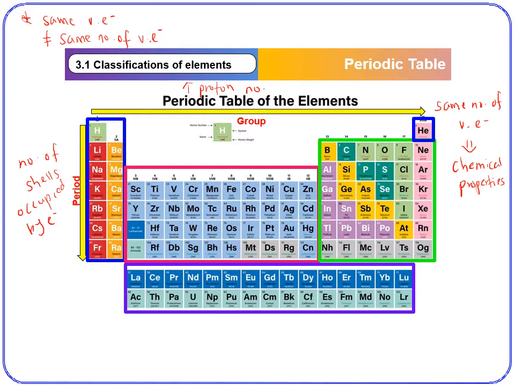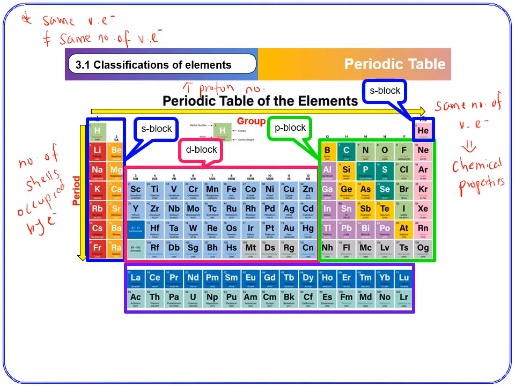Then at the same time, you will notice that this periodic table can be classified into another 4 groups, which are the S block elements, the P block elements, followed by the D block elements, and lastly the F block elements.